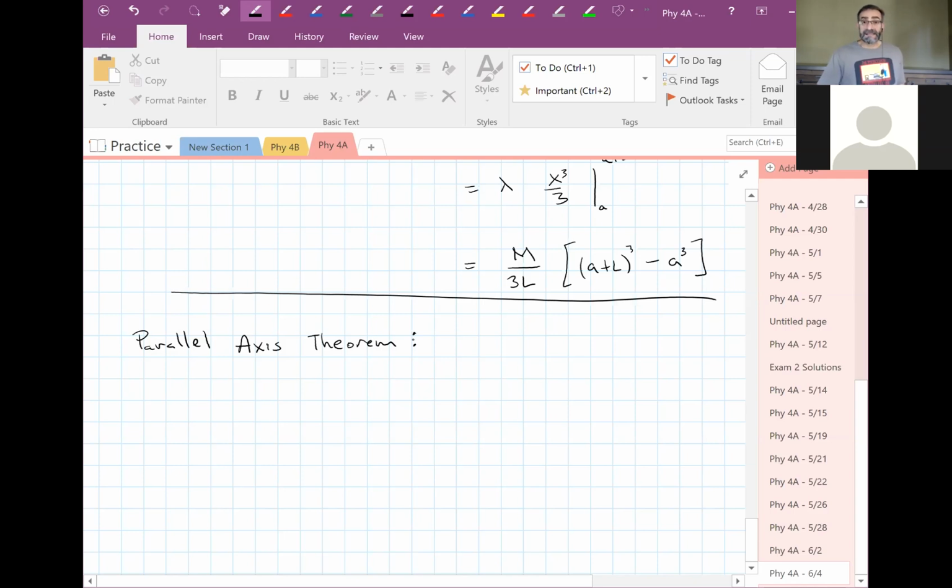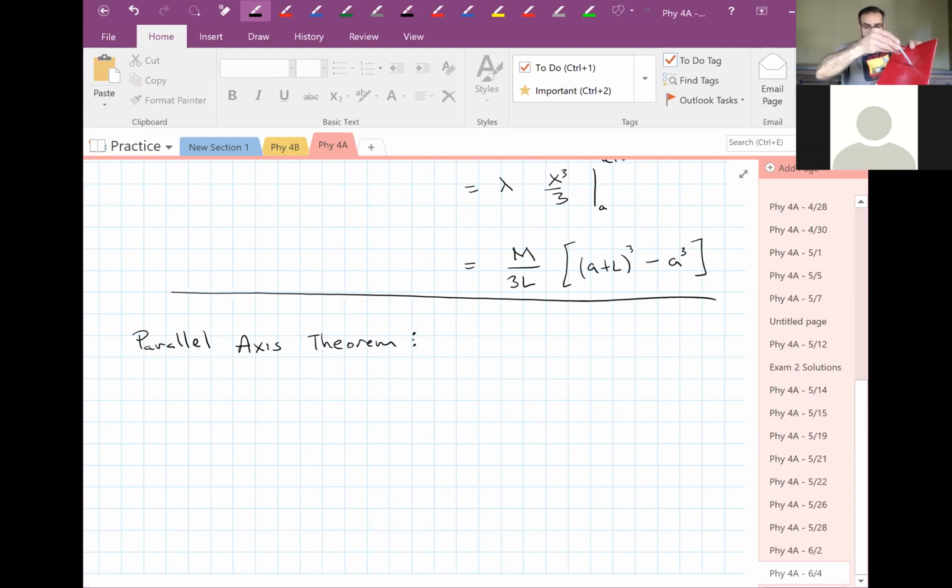The parallel axis theorem tells us that if we know the rotational inertia for an object about an axis that happens to go through the center of mass, so here's an object, a flat rectangular board, and I know the rotational inertia of this object about an axis that passes through the center of mass, like this.